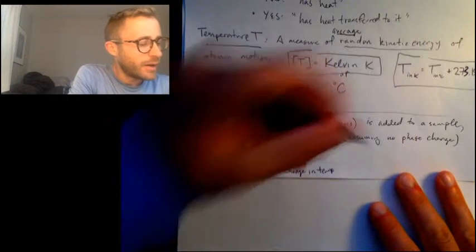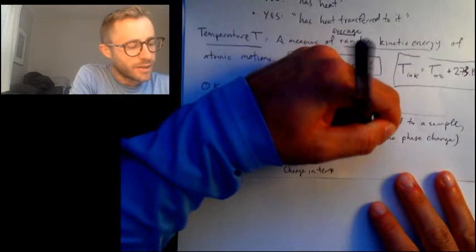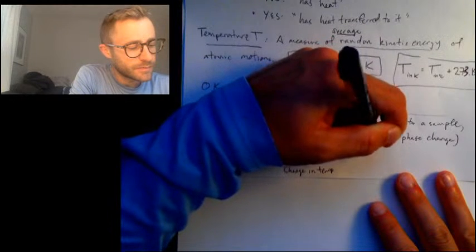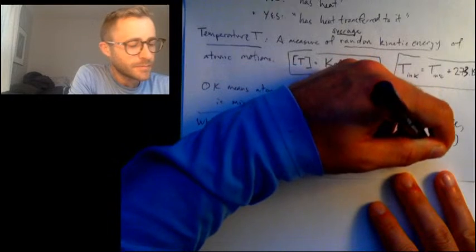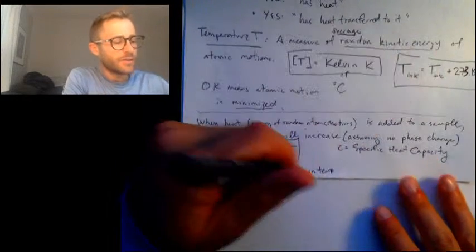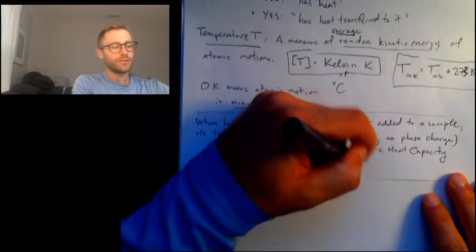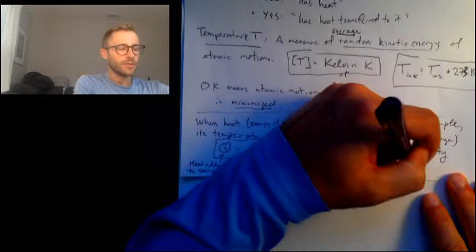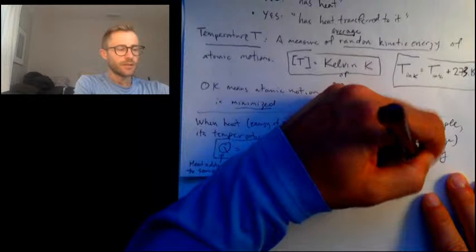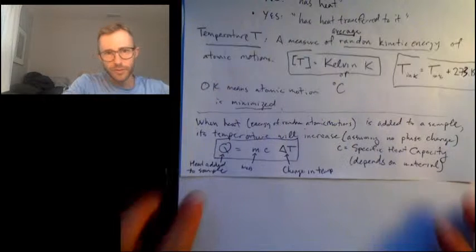And C is called the specific heat capacity. The specific heat capacity depends on the material. So different materials have different specific heat capacities.